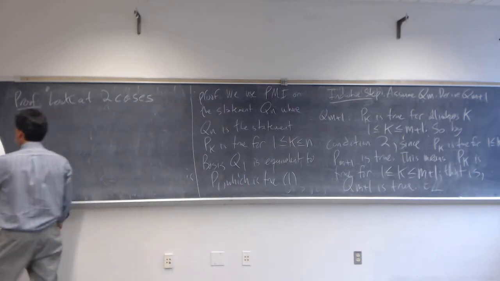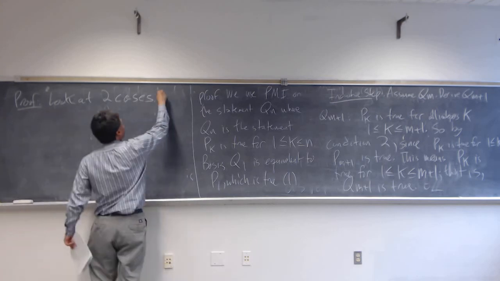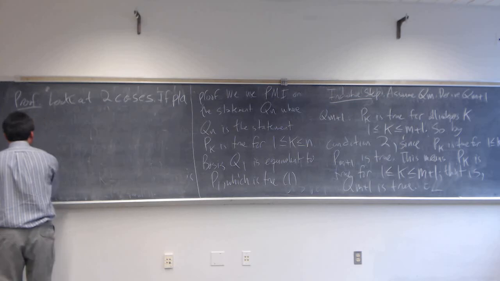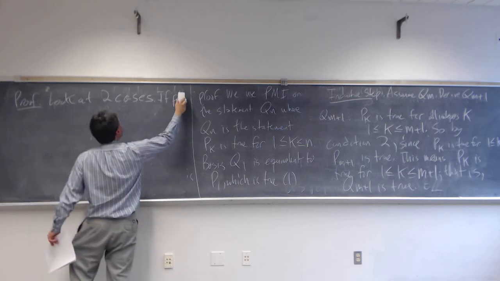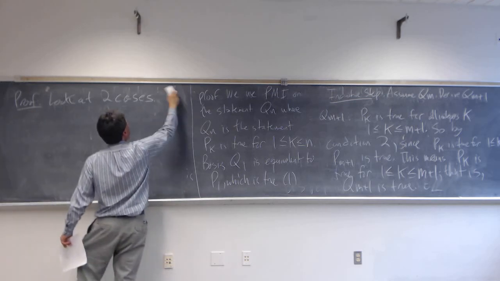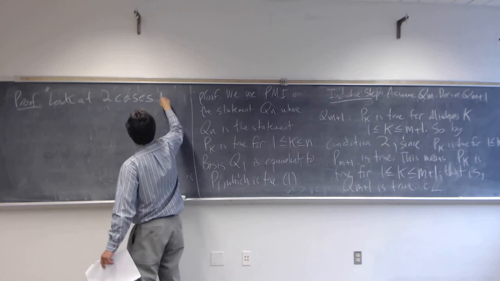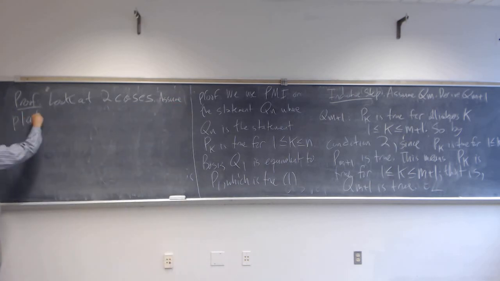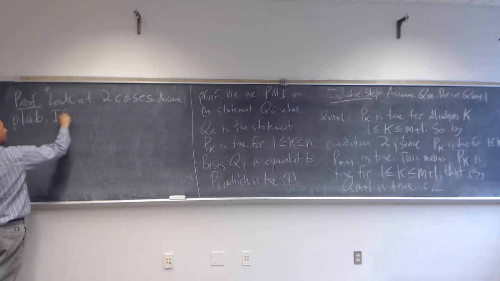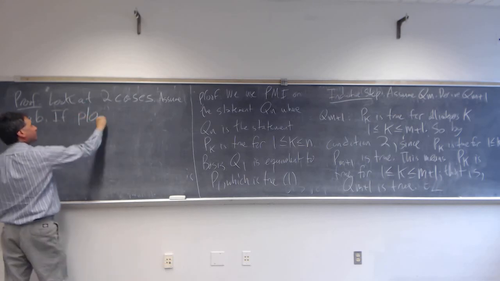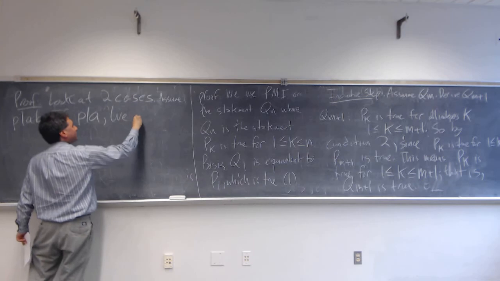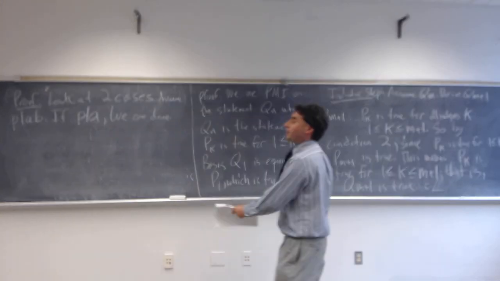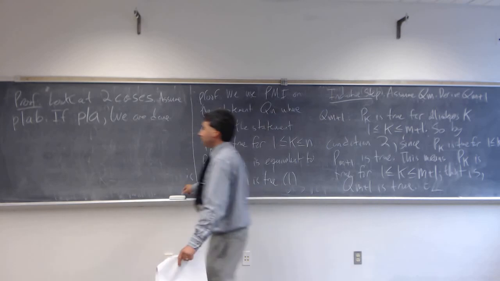The first case, if P divides A. So again, we start by assuming P divides A times B. If P divides A, that's great. We are done, right? Because the conclusion is either P divides A or P divides B.